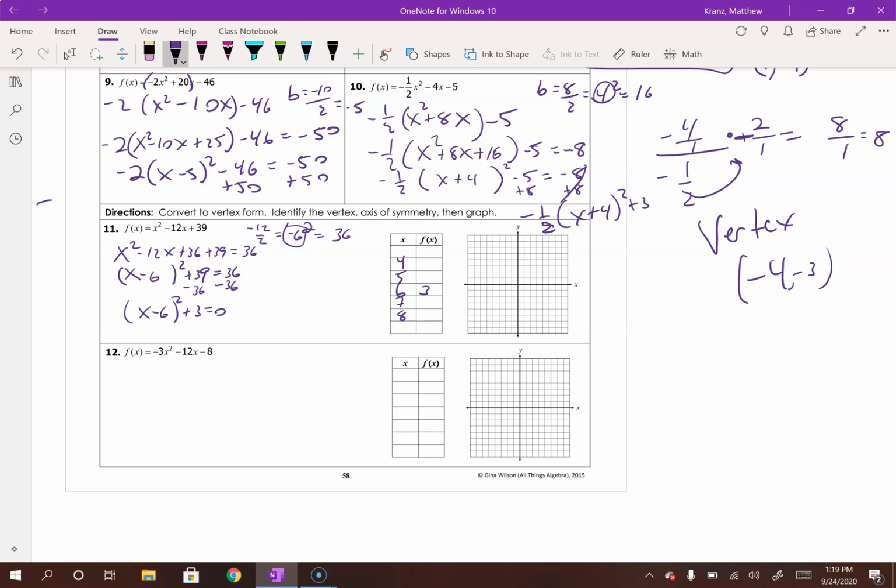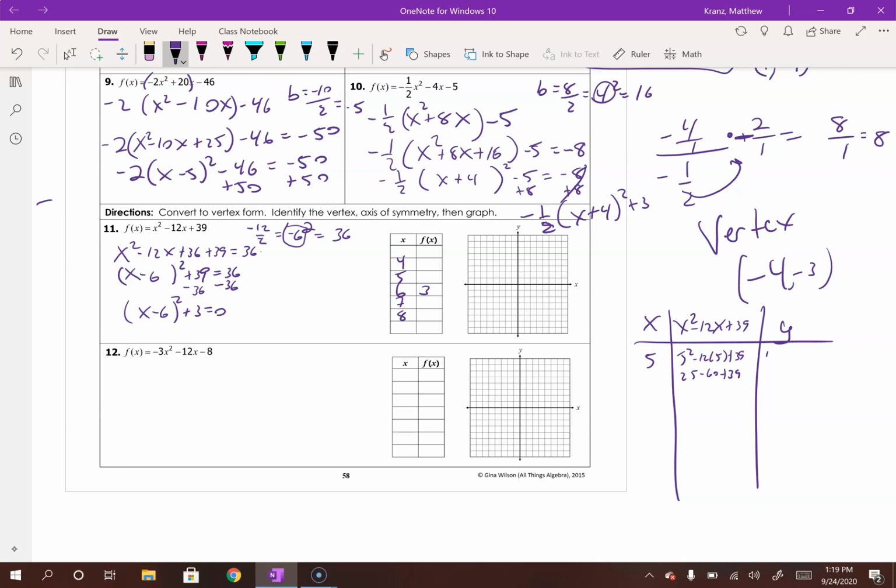So if I want to go 4, if I get my table of values here, this is x squared minus 12x plus 39. When I put a 5 in here, 5 squared minus 12 times 5 plus 39, 25 minus 60, that's negative 35 plus 39.